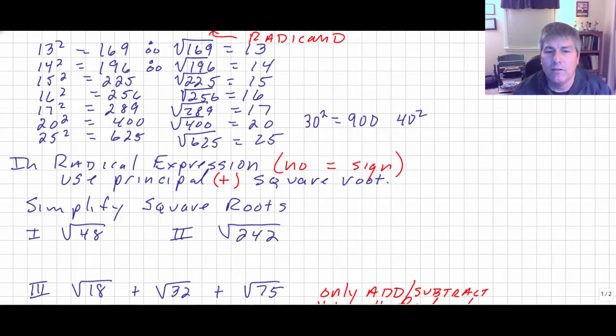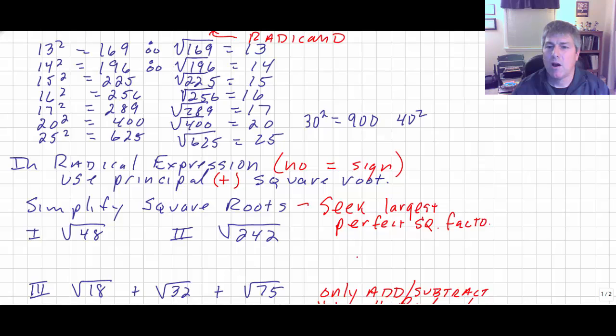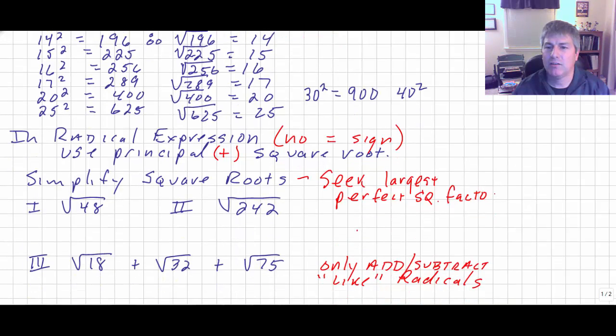So when simplifying square roots, we're going to want to look for the largest perfect square factor. So we want to seek the largest perfect square factor. And we have our perfect square factors listed above and committed to memory.